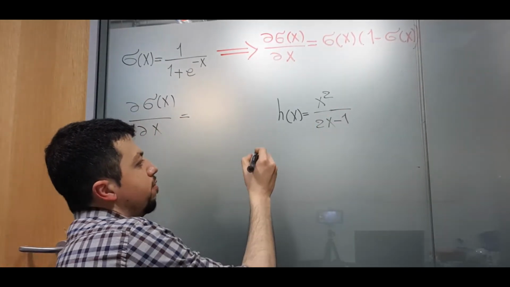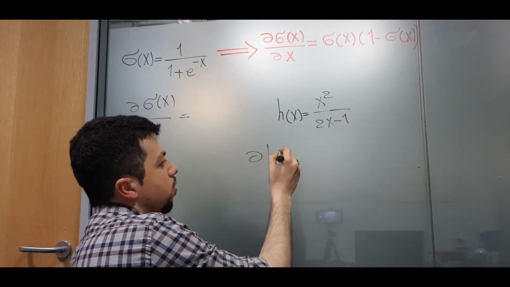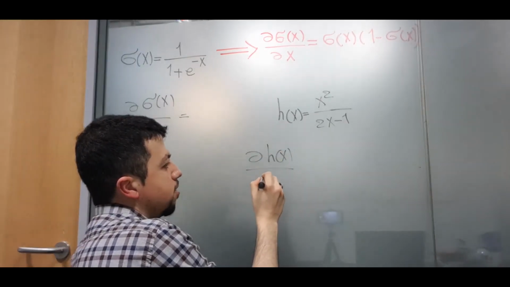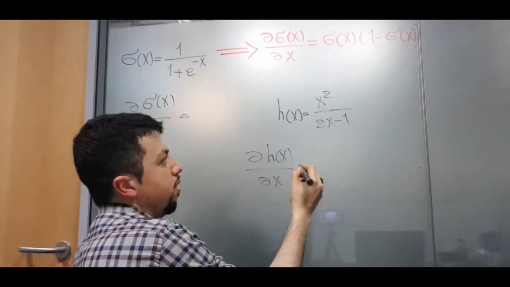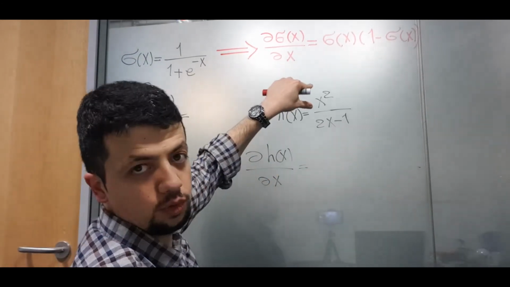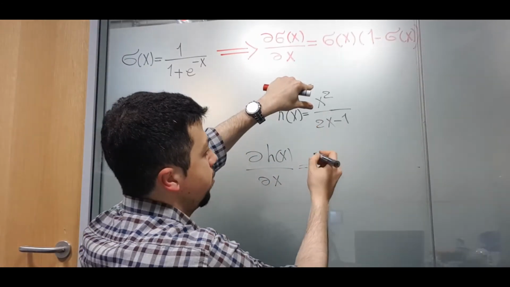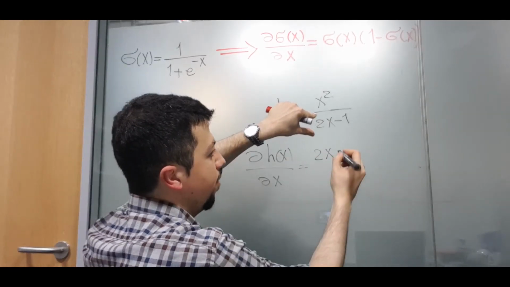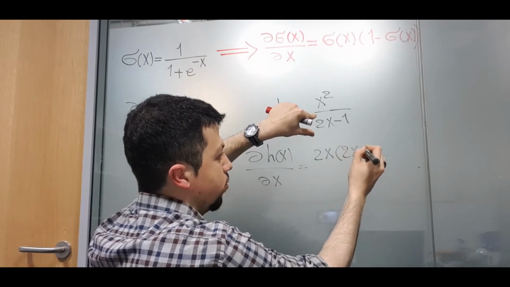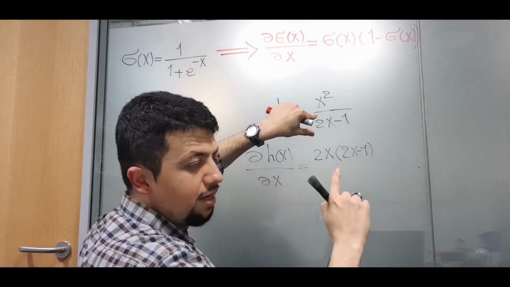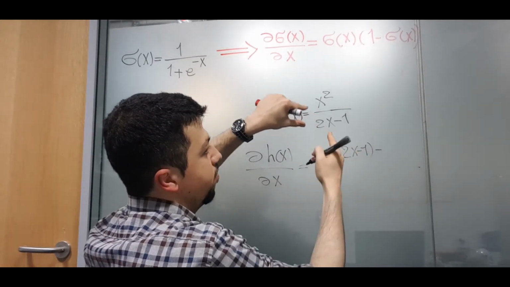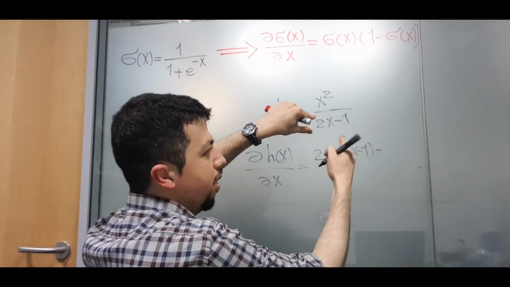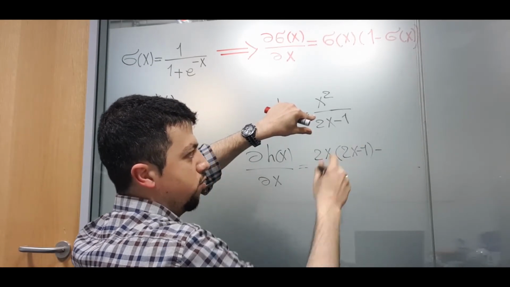The derivative of h of x with respect to x would be the derivative of the numerator, which is 2x, multiplied by the denominator, which is 2x minus 1, minus the derivative of the denominator, 2x minus 1, with respect to x.